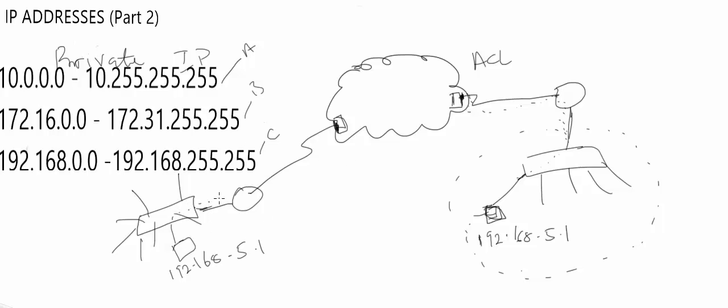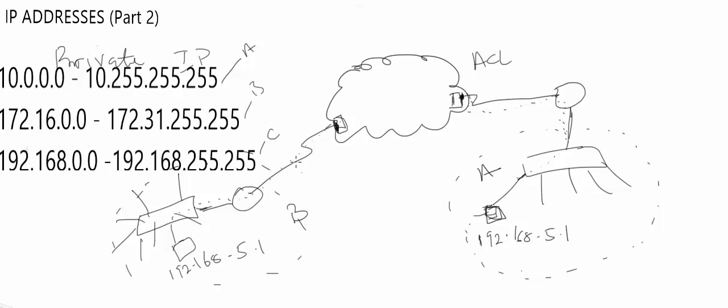Because if he's trying to access the internet with that IP address, once it gets to his ISP, the ISP is configured to deny these network address ranges and says, okay, you are from 5.1, I'm going to drop that packet, it's not going to get on the internet. Therefore, network A here will not know that network B is using the same IP address.